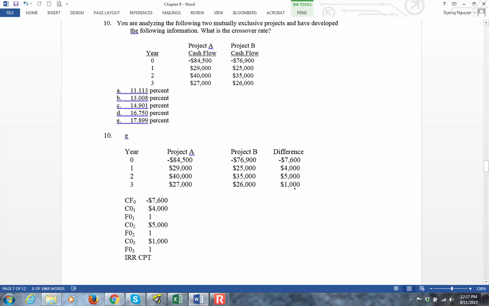You basically get the difference between the two cash flows. For example, negative 84,500 minus negative 76,900 is equal to negative 7,600.